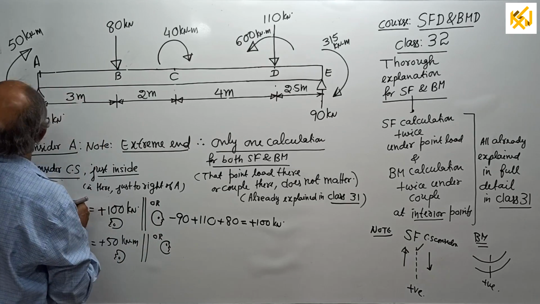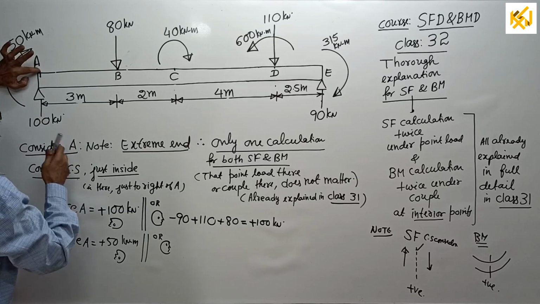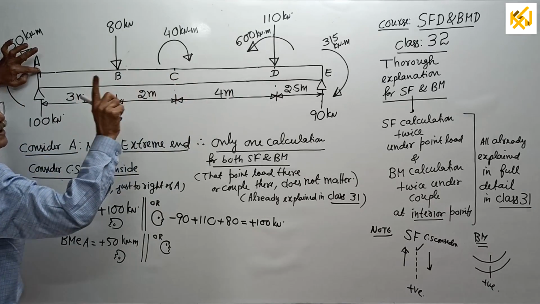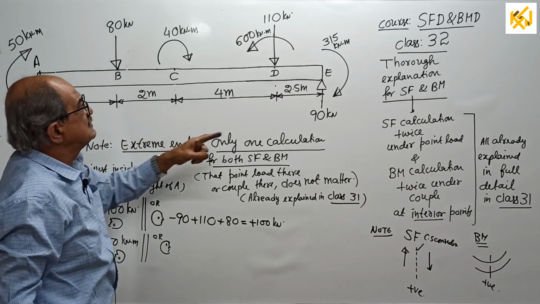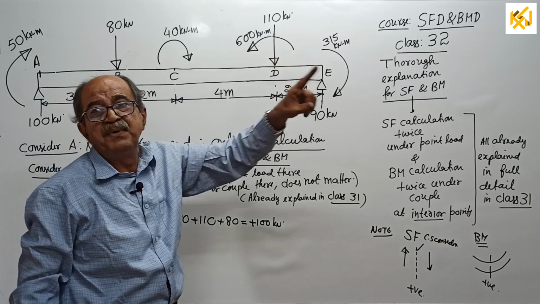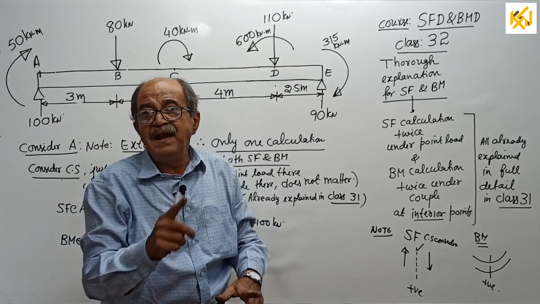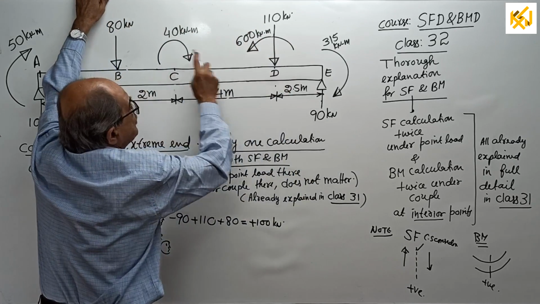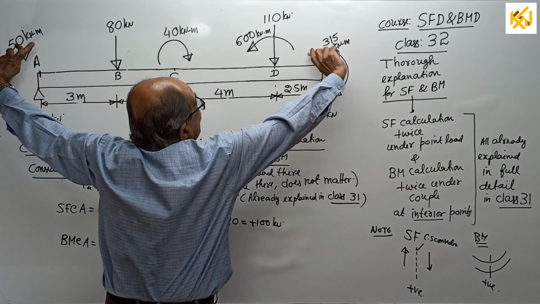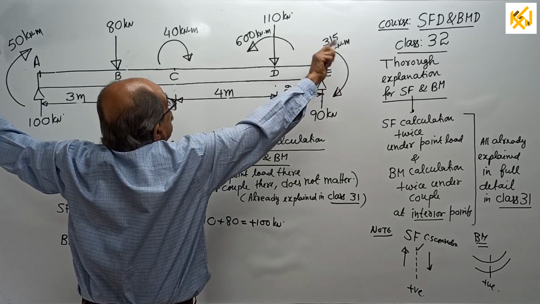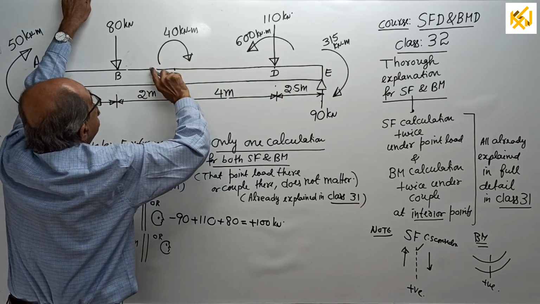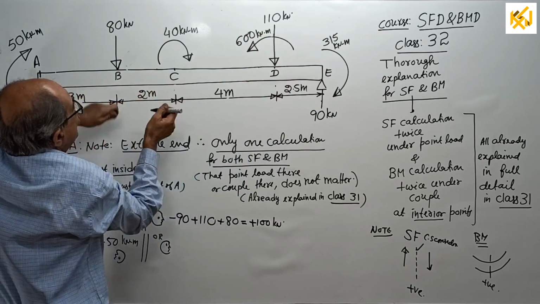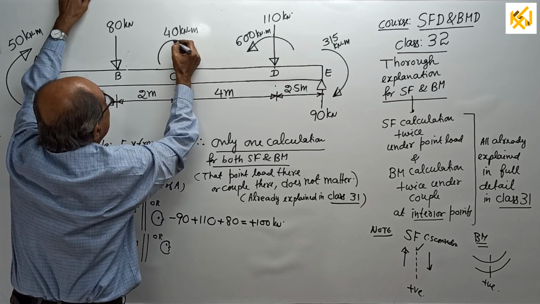Or suppose you look right side. See here, look right side. Then look this side. Be careful. Last class I told how to decide sign for a couple which is at the extreme end and also which is in between. These extreme end couples you enter in the closing bracket format. Intermediate couple you apply like this and you always put a light line joining here.